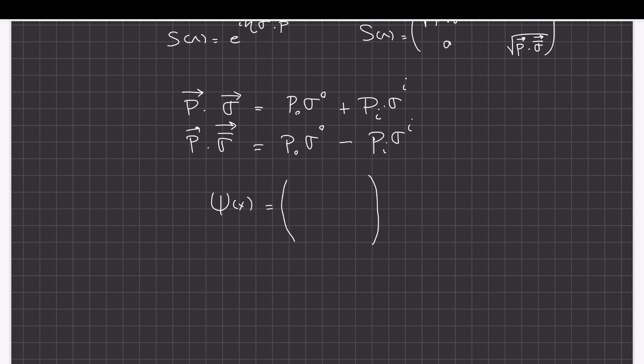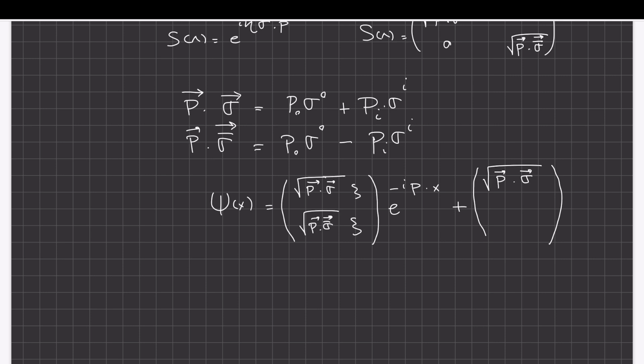So at the end, the psi of x can be written as root P dot sigma acting on psi, root P dot sigma bar acting on psi, exponential of minus ip dot x plus, now we have the other answers. So the transformation is again the same, root P dot sigma psi minus root P dot sigma bar psi, and we have the time evolution term here, exponential of ipx.